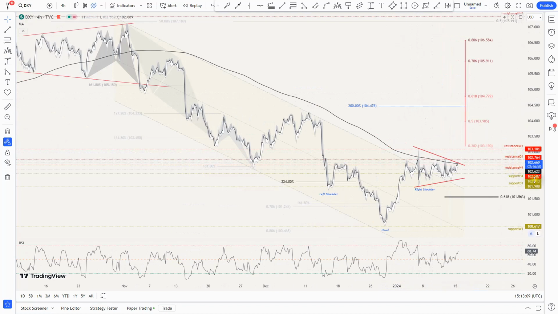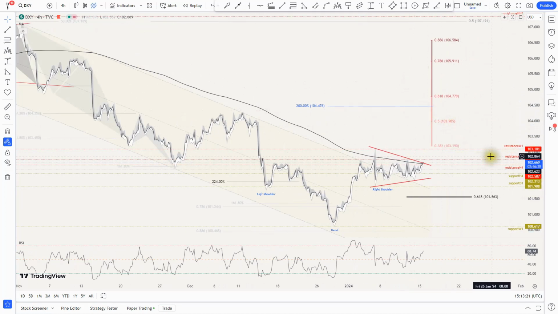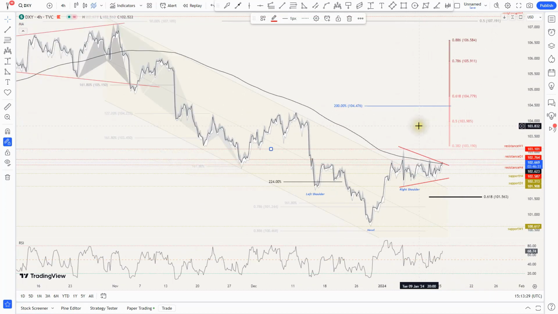So we have a daily fractal at 102.76, we have support at 102.31 and at 102.90. So I believe that a violation of these highs, in particular the weekly fractal at 103.10, may trigger a move to the upside.